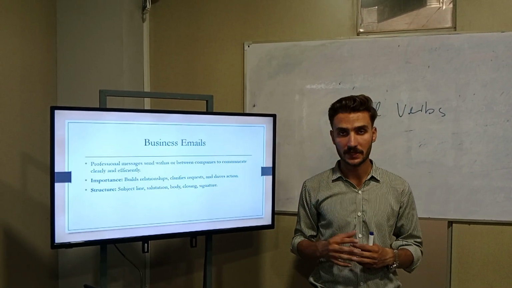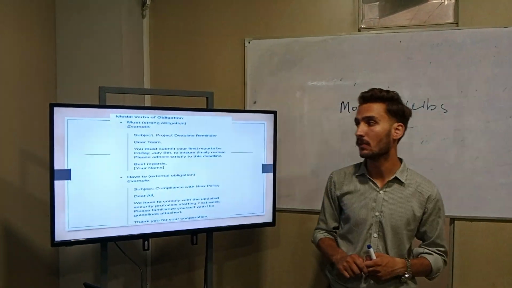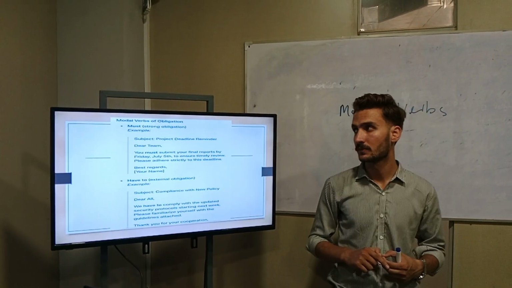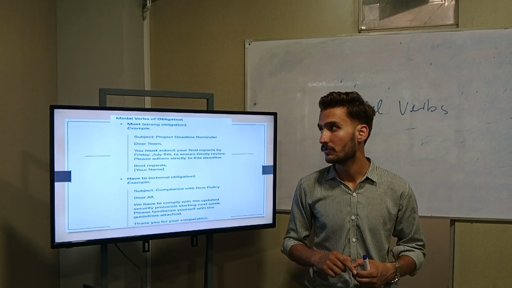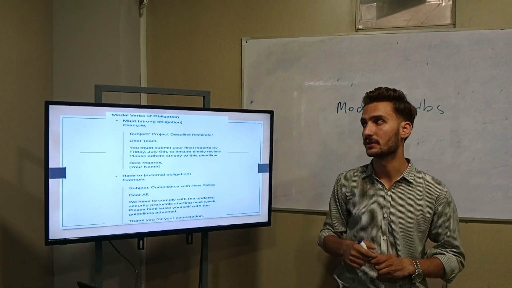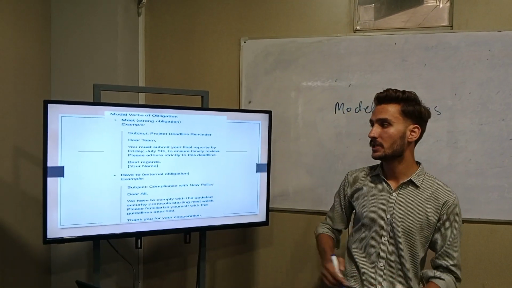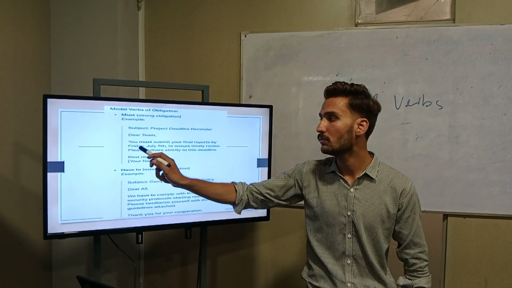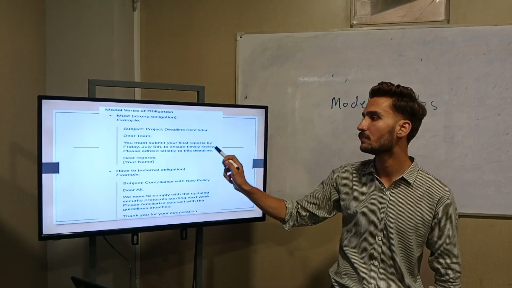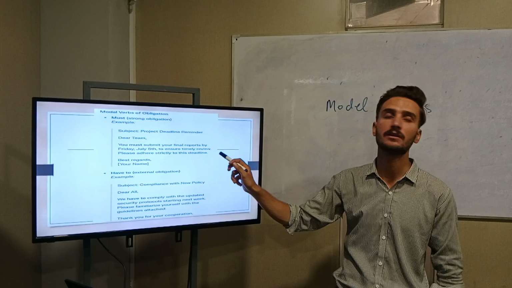Now, in the last part of this video, we are going to exemplify some of the modal verbs used in business emails. We have the first email that uses obligation in the form of must. This email starts with, you must submit your final reports by Friday, July 5th to ensure timely review.